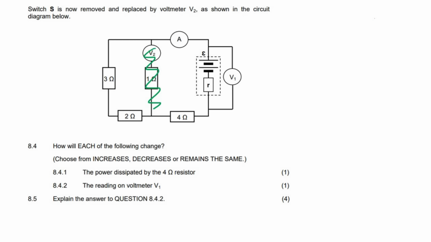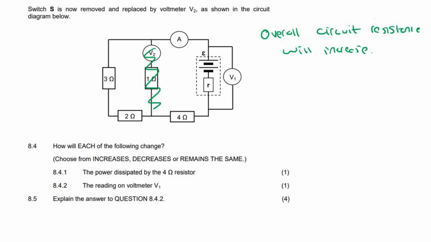So let's make some notes. The overall circuit resistance will increase. That means it's more difficult for the electricity to flow. That's like having it more difficult for people to enter the shopping center because there's less doors.